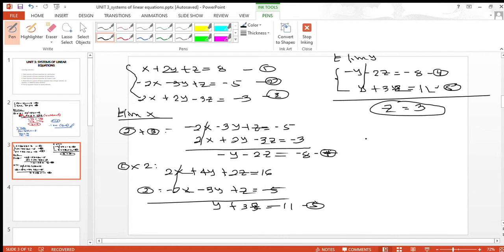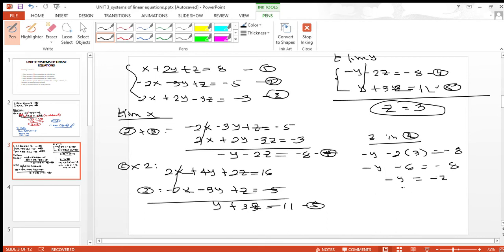Therefore, substituting z in, let's say, equation 4, z in 4, what do we get? We have minus y minus 2 times 3 equals minus 8. We get minus y minus 6 equals minus 8. Minus y equals, transpose, that will be minus 2. Divide both sides by minus 1.